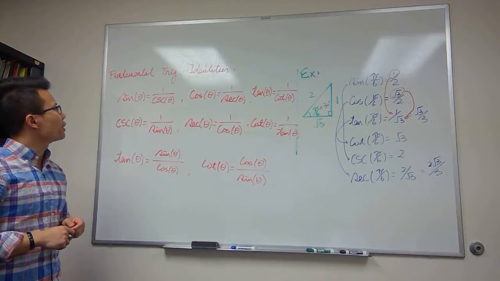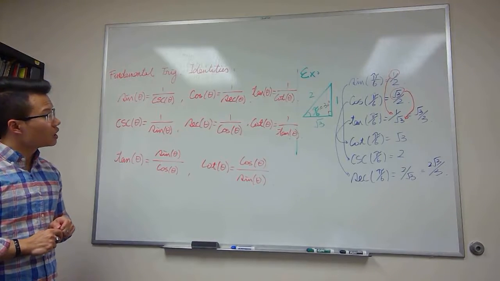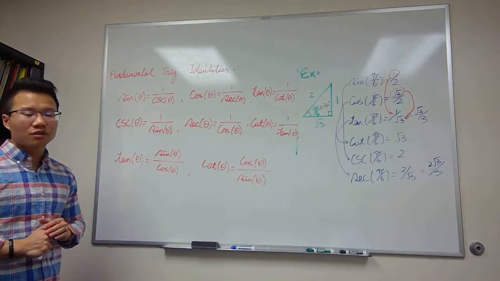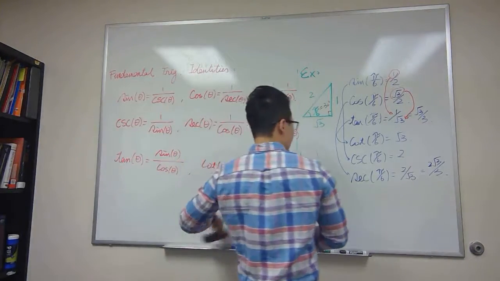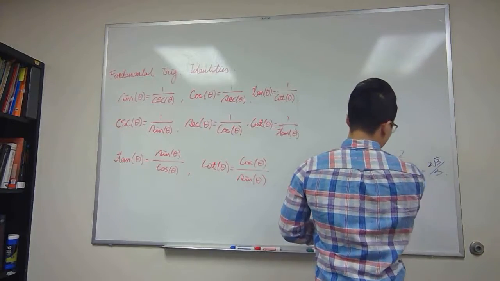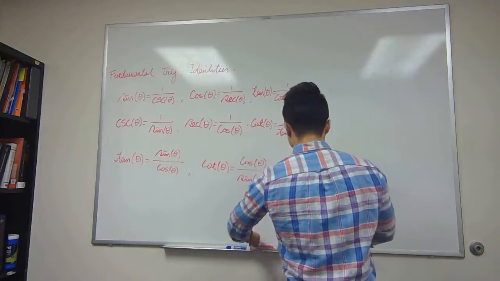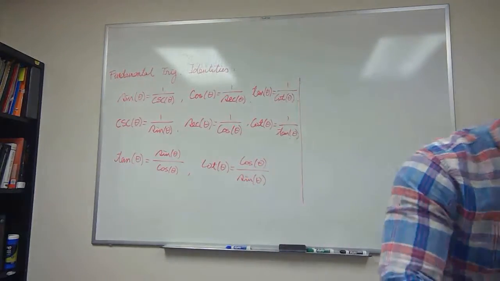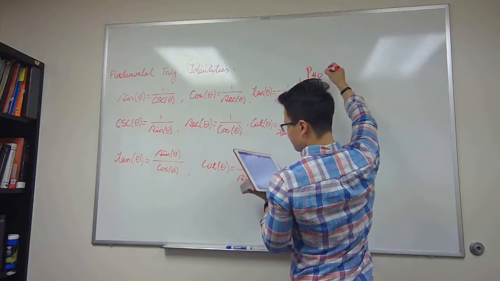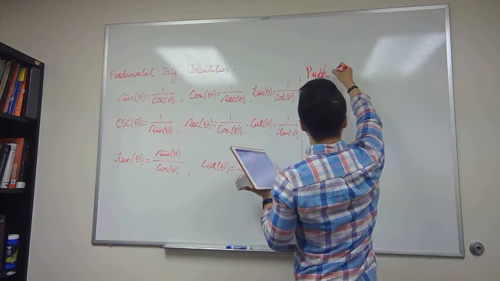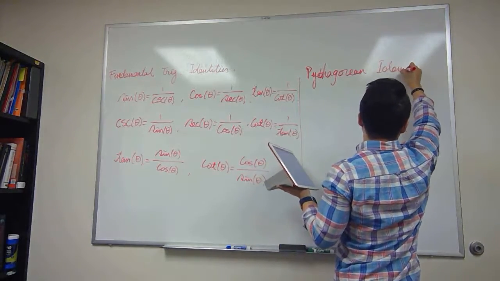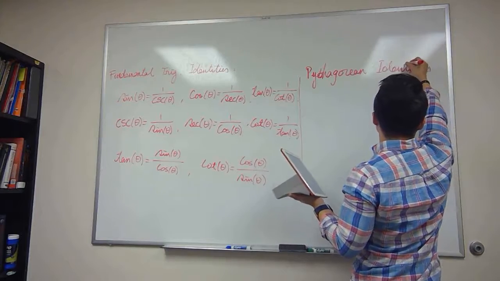So after we introduce the fundamental trigonometry identities, there is another whole set of identities.